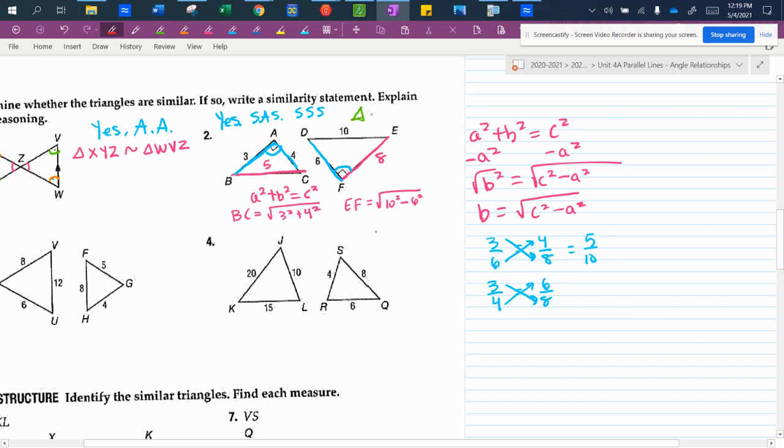So if we have triangle ABC is similar to triangle what? So write the first one, ABC. And what would the order have to be for my second triangle?